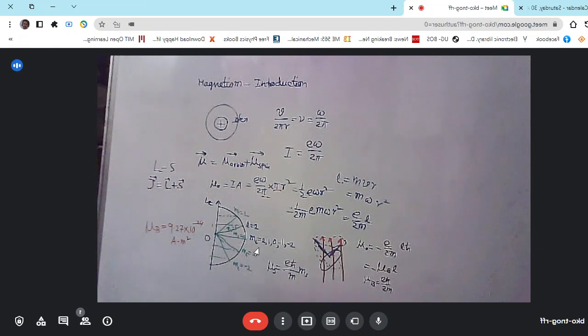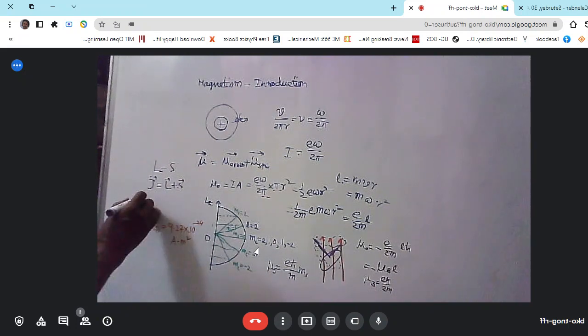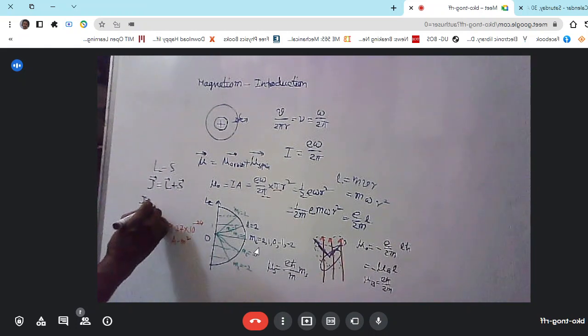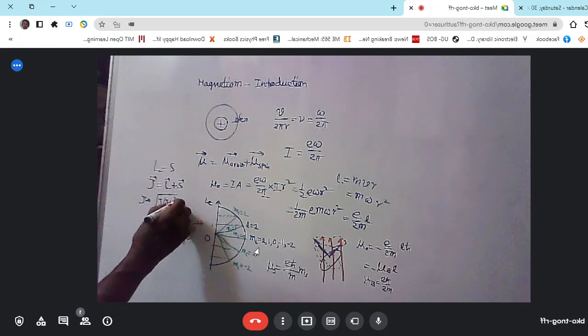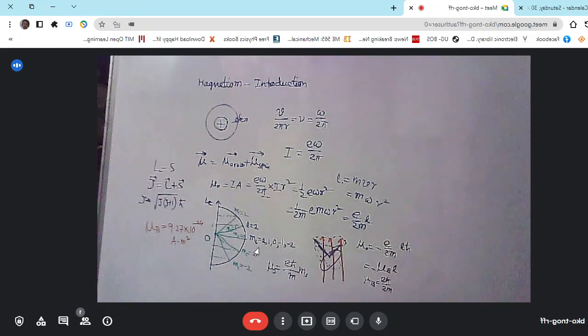If you try to find the eigenvalue of capital J, it will be h cut into root of j into j plus 1. Always remember this type of expression, because when I find it classically, it will be equal to J h cut, and when we find it quantum mechanically, then we have J into J plus 1 into h cut.